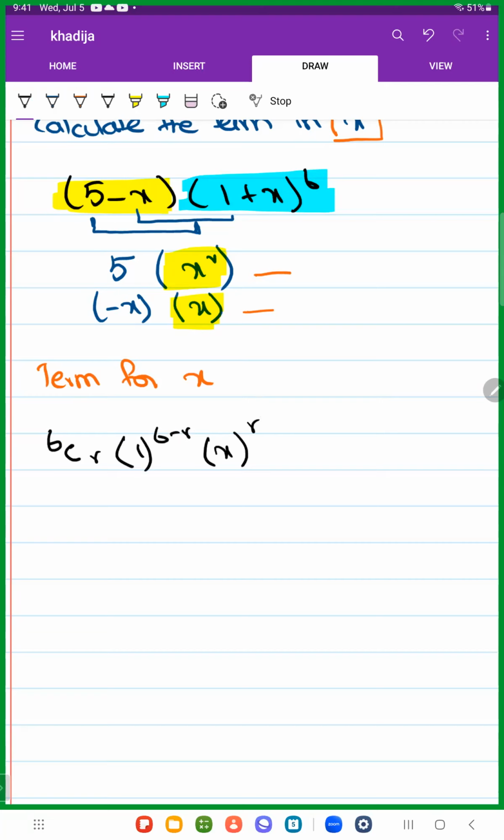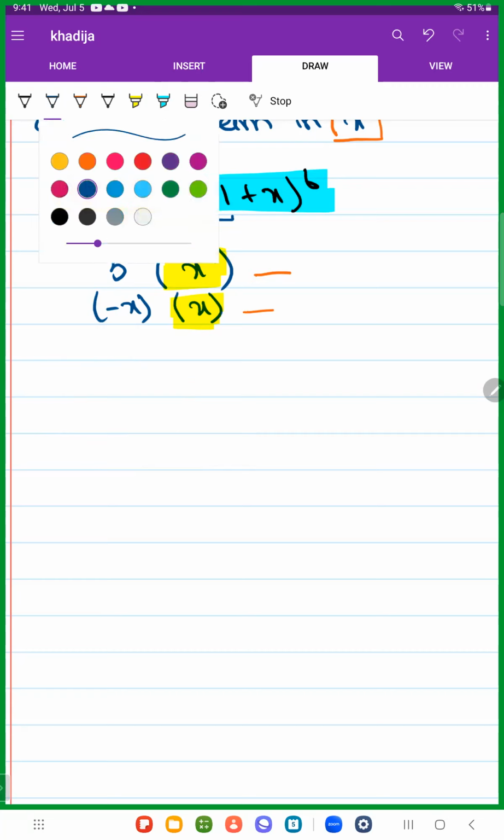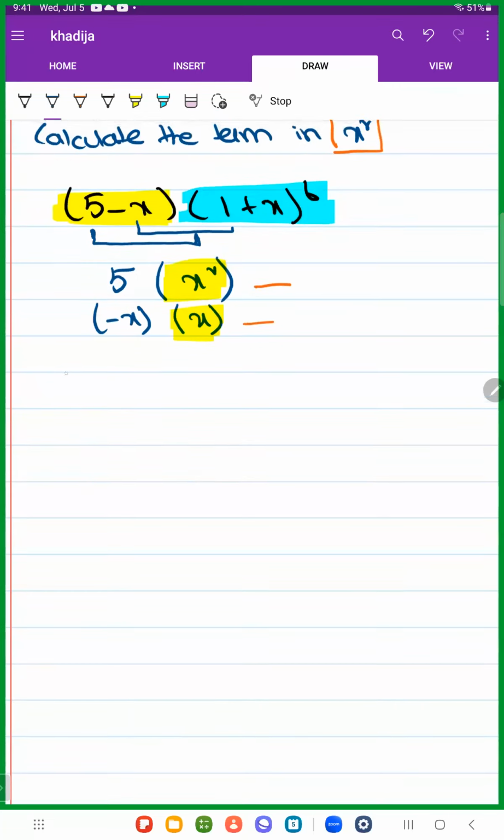Now what you'll do is calculate the term for x squared. This is a linear expression, so you don't really need to use the term formula. You can just calculate it like this. What is the term which will have the power of x squared?